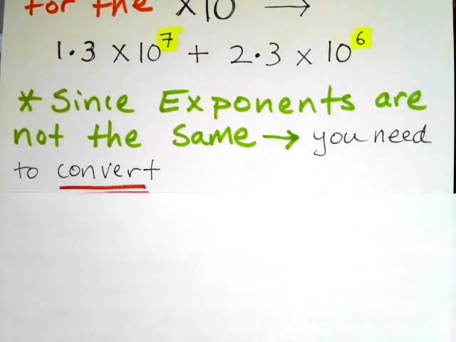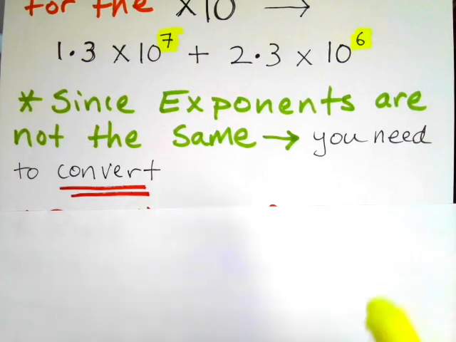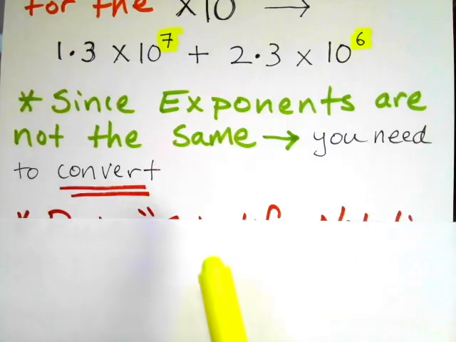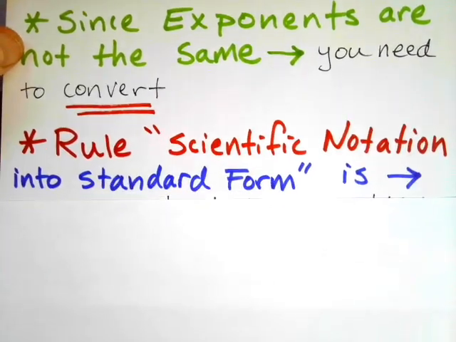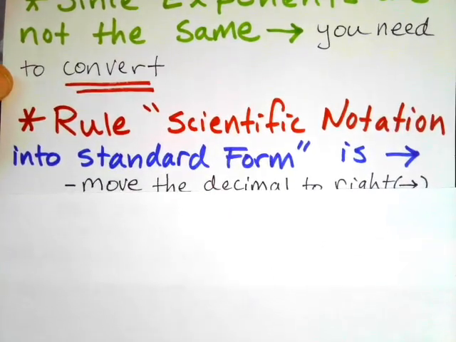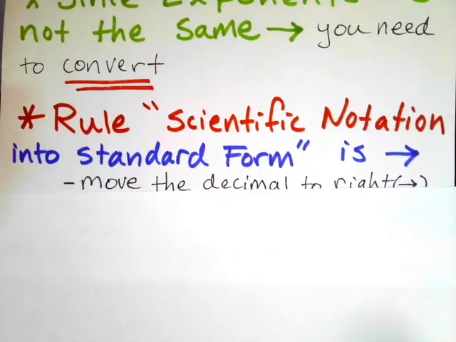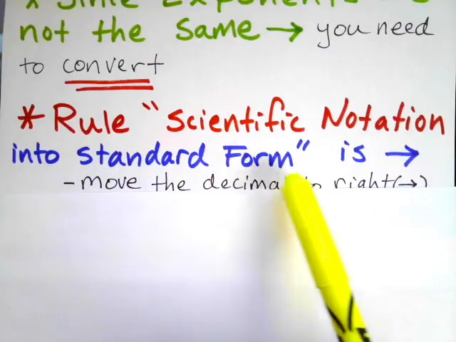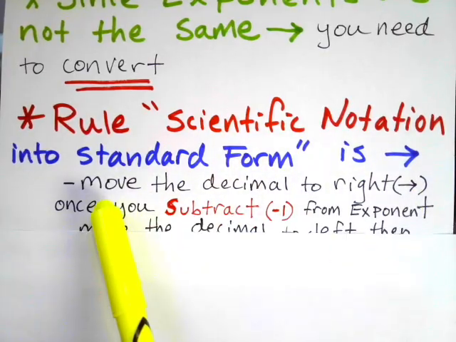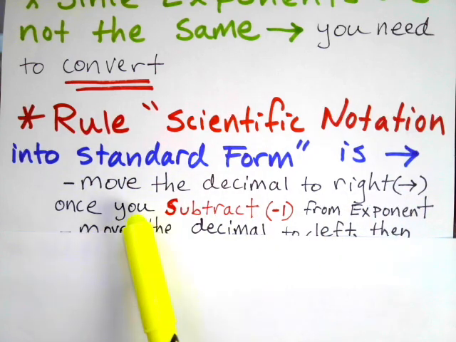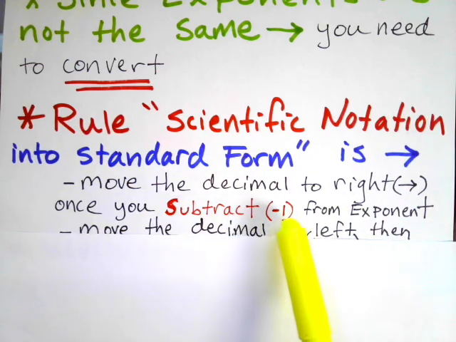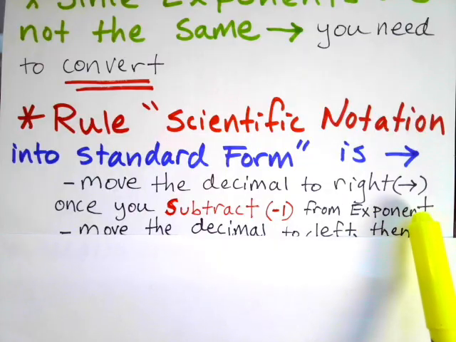Since the exponents are not the same, we need to convert, like I mentioned a second ago. So this would be the rule for scientific notation. I'd like to show you what we're doing here. If you want to change scientific notation, which this problem is in, into standard form, if you move the decimal to the right once, you subtract from the exponent.